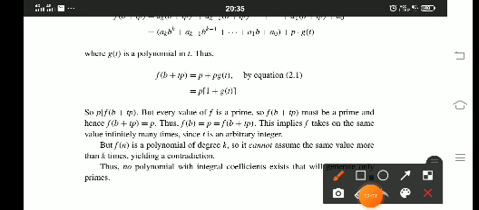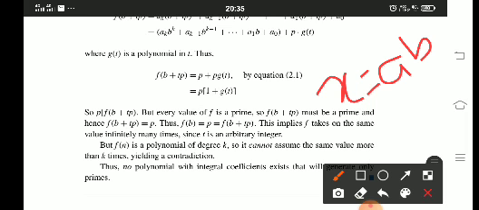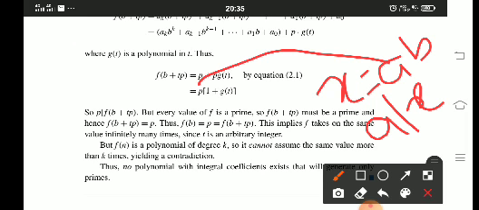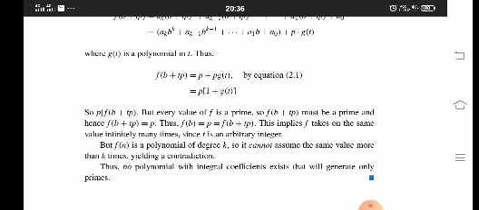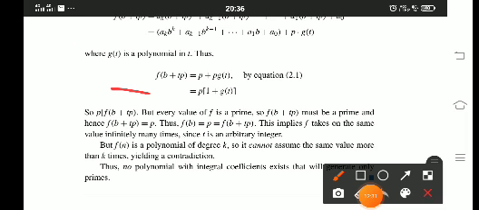You know that for any number x = ab, a is divisible by x. Here a is p and b is 1 + g(t). Then p is divisible by f(b + tp).